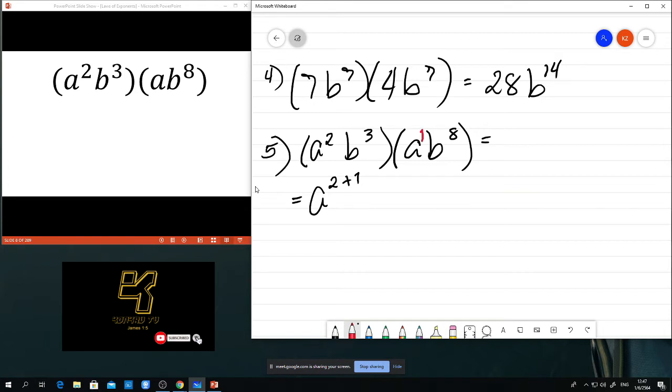Remember, applying law number 1. Then b, 3 plus 8. Let's write it below. So we have a power of 3, then b power of, how many is this? 11.